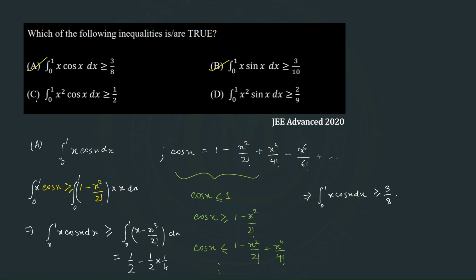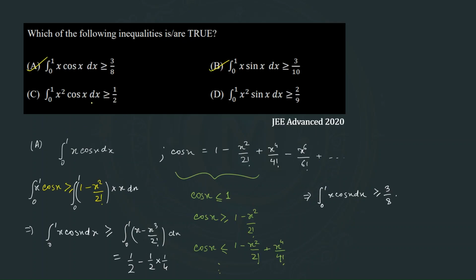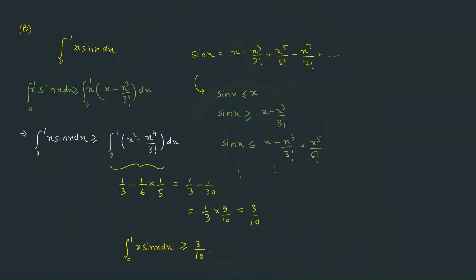Now in option C and D, it says similar kind of expressions but with x square. So here if we check this C option, it is saying integral 0 to 1 x square cos x dx. So if we go by the same method, we need to somehow try to establish or check whether this inequality holds true.